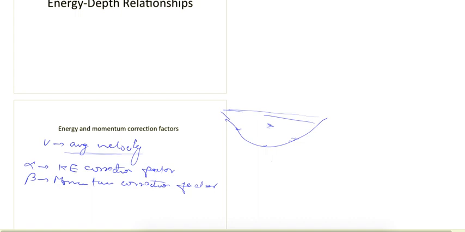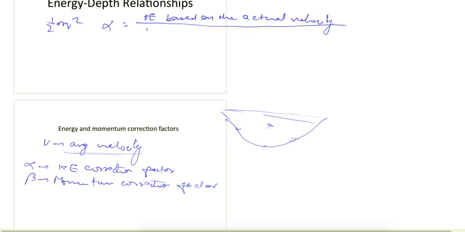We know that kinetic energy is given as half m v square. Now, alpha, which is the kinetic energy correction factor, is defined as the kinetic energy based on the actual velocity divided by the kinetic energy based on the average velocity.